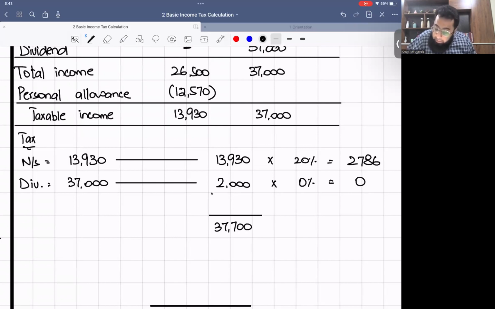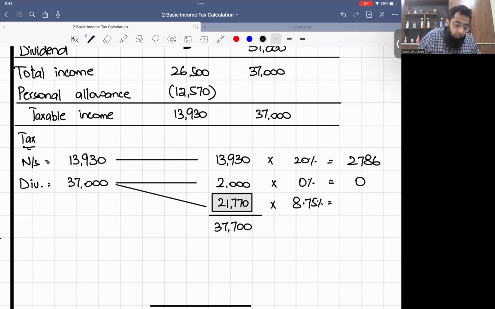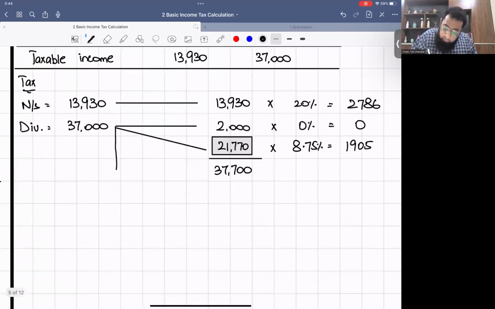Okay. Now what's the remaining space in the basic rate band? 37,700 minus 13,930 and minus 2,000. So it's 21,770. It will be taxed at 8.75% because we are taxing the dividend income. So it's 1,905. What is the remaining dividend? 37,000 minus 2,000 minus 21,770.